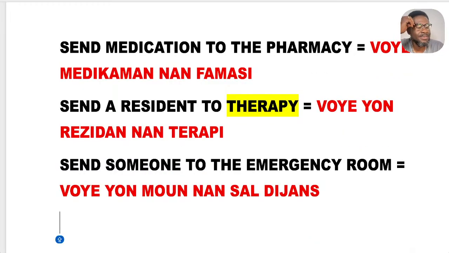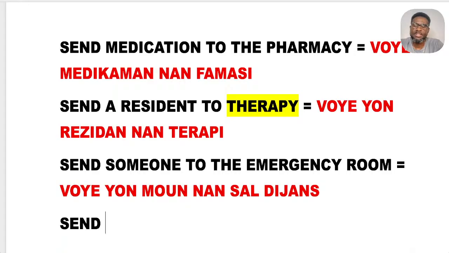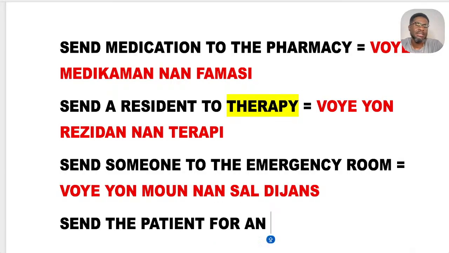Then what else we have? We have send the patient for an X-ray. There you go, right here. Send the patient. Patient là, c'est pasyan. For an X-ray. So, yo toujou mete atik an devan tout son voyèl. Ok, tout son voyèl. So, ou pa di a X-ray, ou pa di an X-ray.